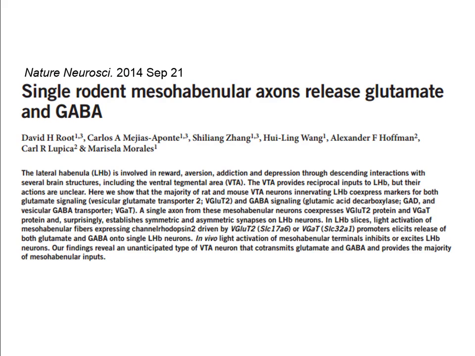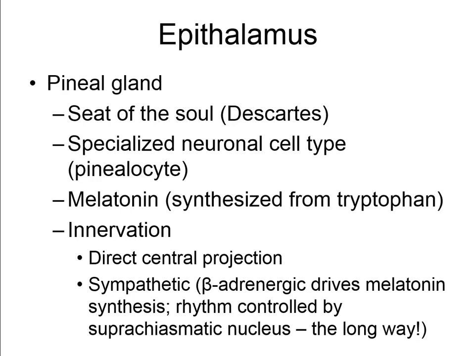How do you sort where those synapses are and which ones get the storage mechanism to put glutamate into a vesicle versus put GABA into a vesicle? Okay? This is an incredibly intriguing issue, and it is found only in the habenula, which makes it really tough for people to study, because if you haven't taken my course, you don't know where it is.